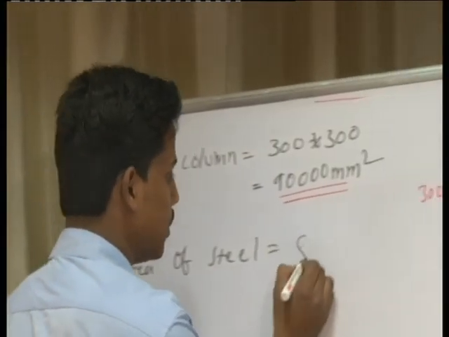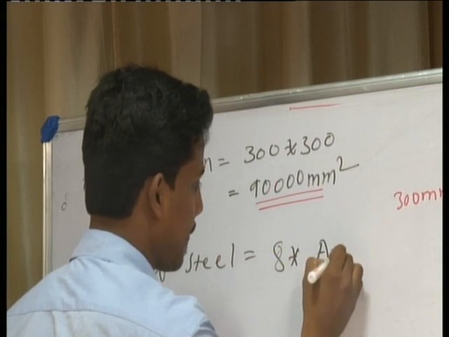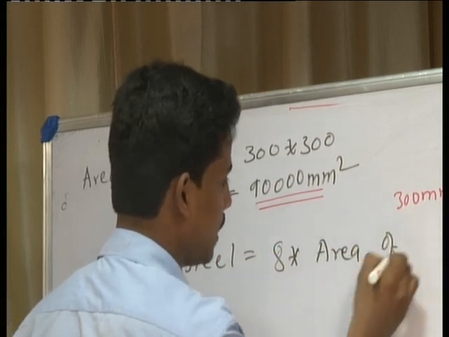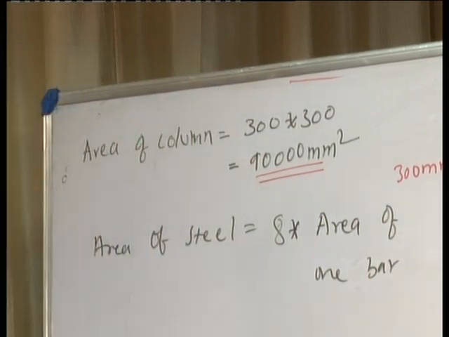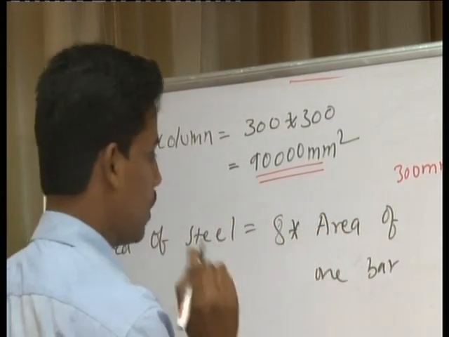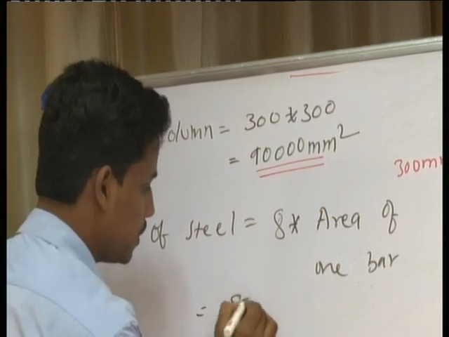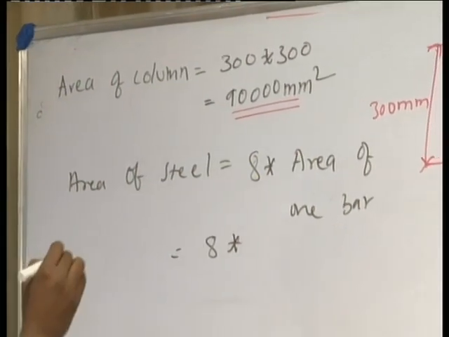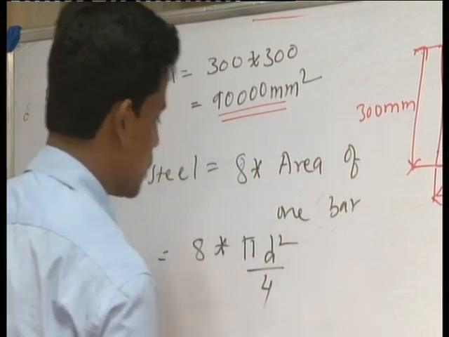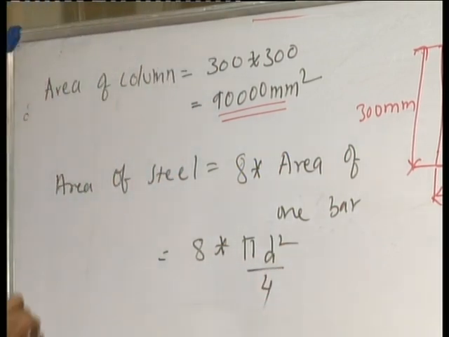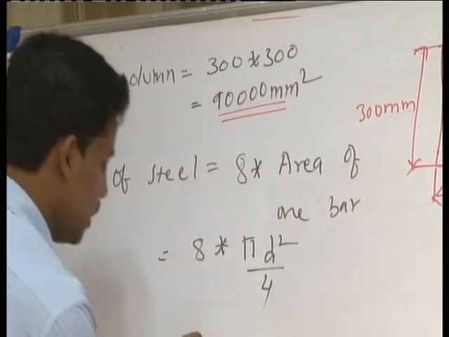So area of steel is equal to 8 into area of 1 bar. Area of 1 bar is pi d square by 4. Here the given diameter of the bar is 20 mm.